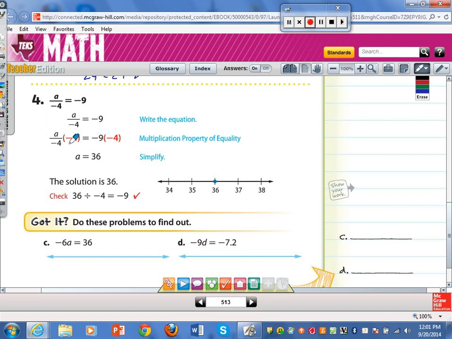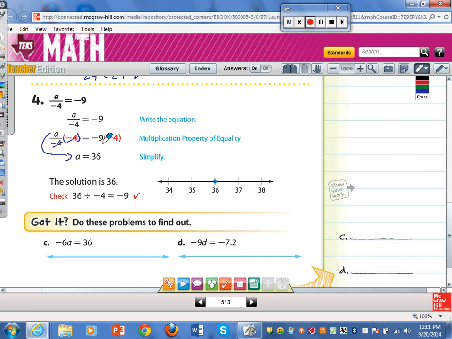So as you can see here, they're multiplying in parentheses by -4, because this will cancel each other out. So you do it to both sides to maintain the balance. In this case, that cancels, and you end up with a.